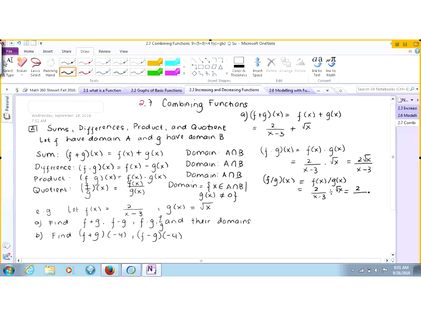Multiply by the reciprocal? Yes. So this is 2 over X minus 3 times 1 over square root of X. So this is 2 over square root of X times X minus 3. Yes? Okay.